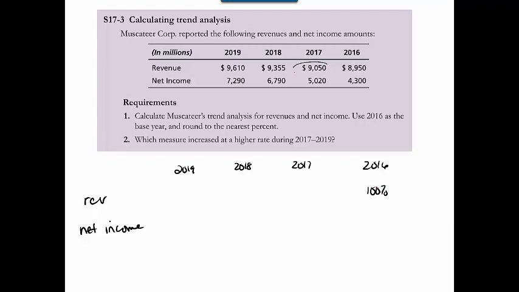Then we take 9050 divided by 8950 times 100, and we get 101%. Then for 2018, 9355 divided by 8950, and we get 105%. 9610 divided by the base year of 8950, and we get 107%.